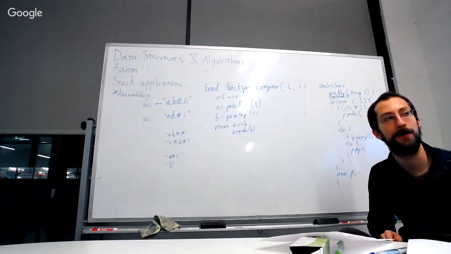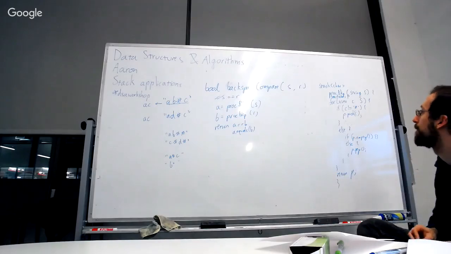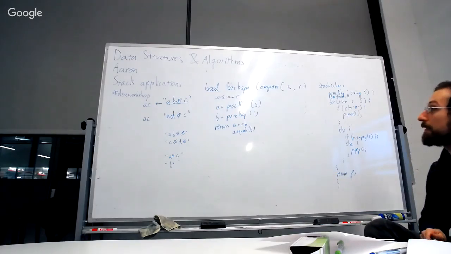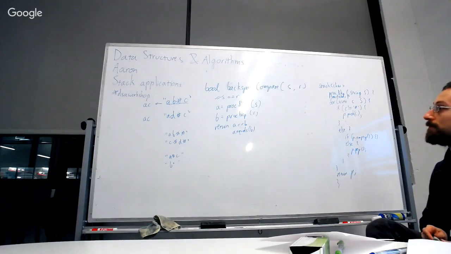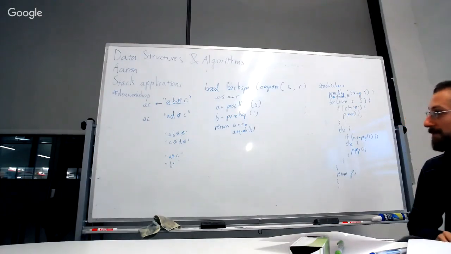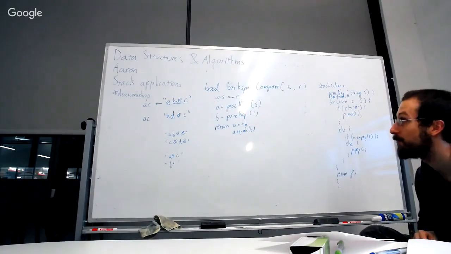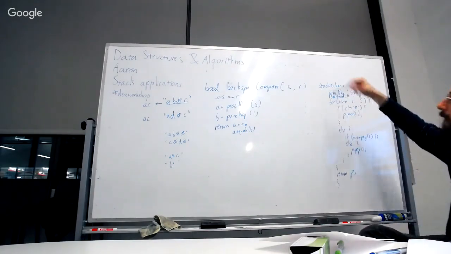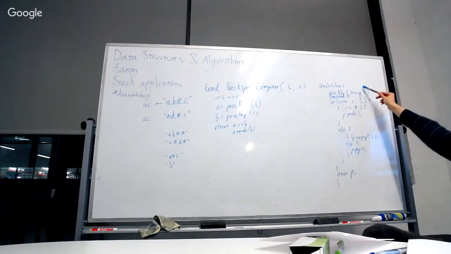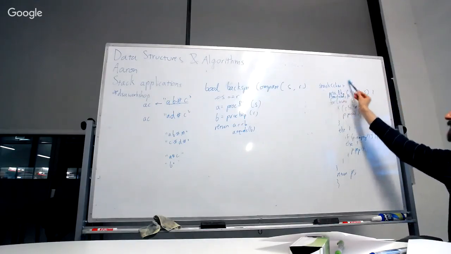Do we have other questions about this? You said there was a follow-up question on how to make this more efficient. Here we're spending a lot of time and space making this stack.